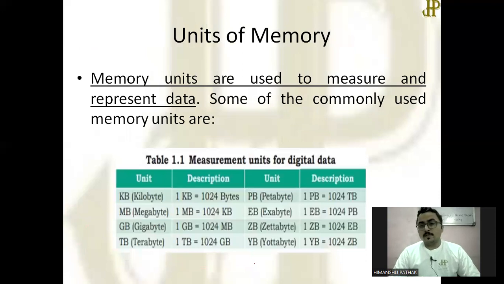Now, what are the basic units of memory? Whenever you are going to purchase a pen drive, you generally ask, please give me a 16 GB pen drive, a 4 GB pen drive. So what is GB? GB is a unit of memory. How much data can be kept in that 16 GB memory or pen drive?